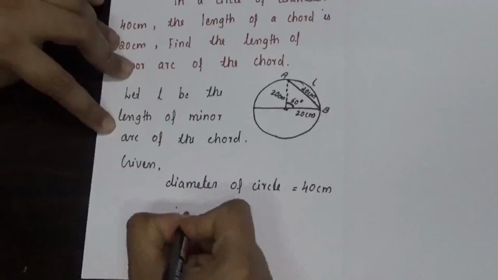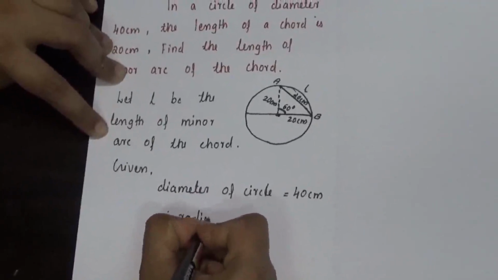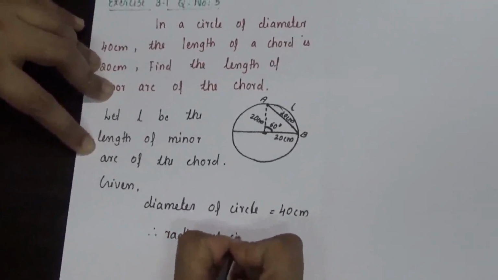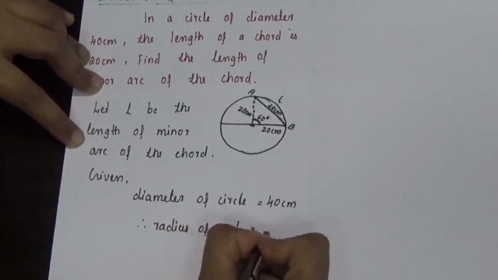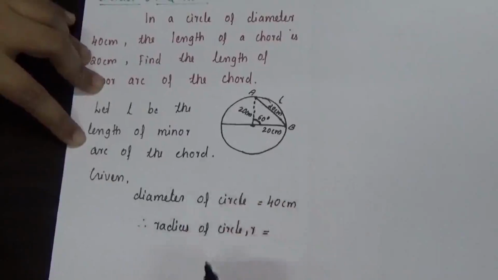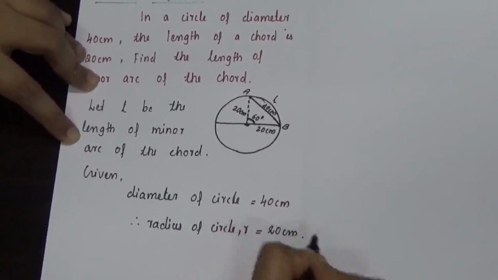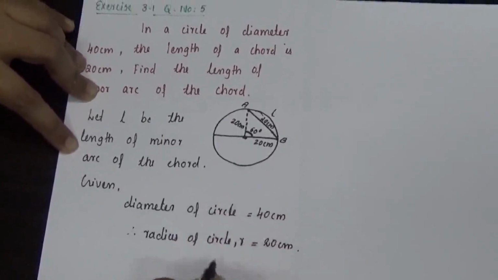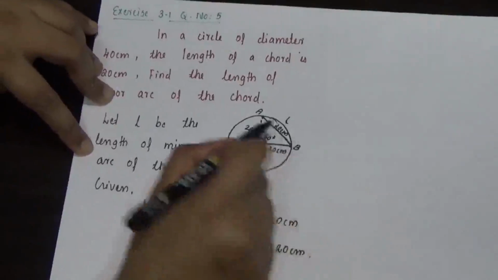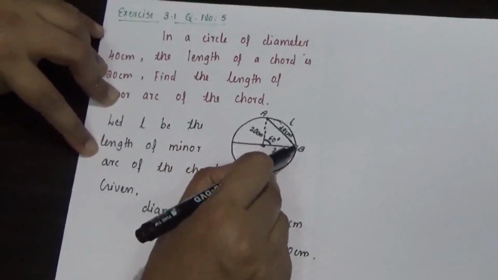The radius of circle is denoted by the letter R. So if diameter is 40, radius is half of diameter, so we get 20 centimeter. So here the length of the radius and the length of the chord are the same.